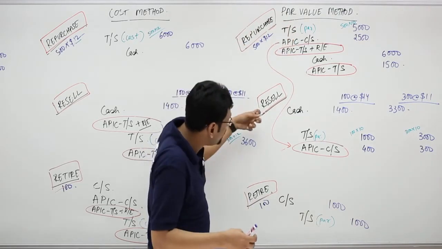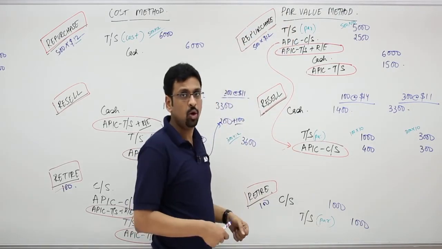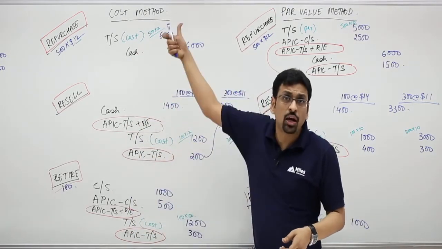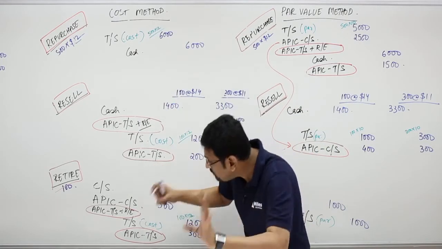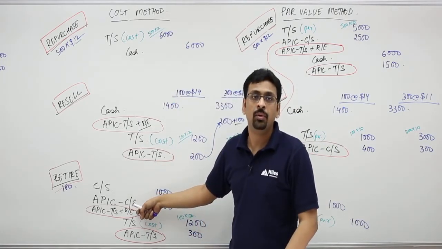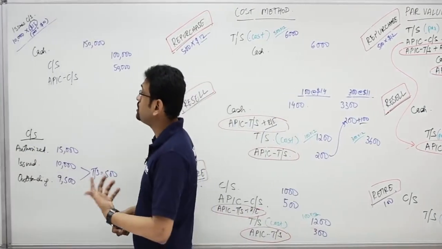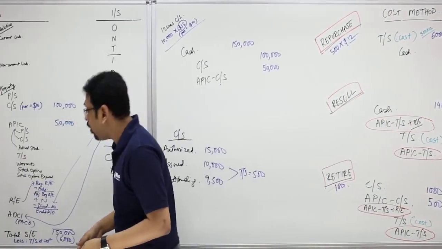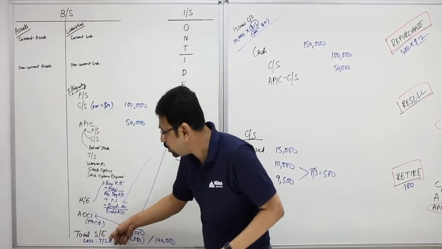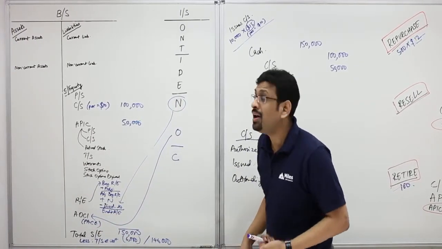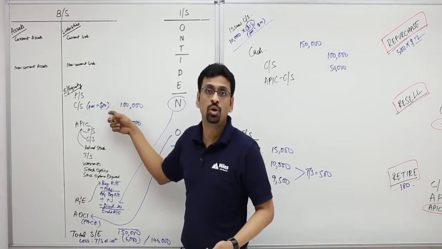So now when you're reselling it, you recreate APIC common stock. In the cost method, you don't hit APIC common stock here. You hit APIC common stock only when you actually retire it. And the balance sheet presentation, we saw that. So if it was treasury stock at cost, that was contra stockholders' equity. If it was treasury stock at par, then that was contra common stock.